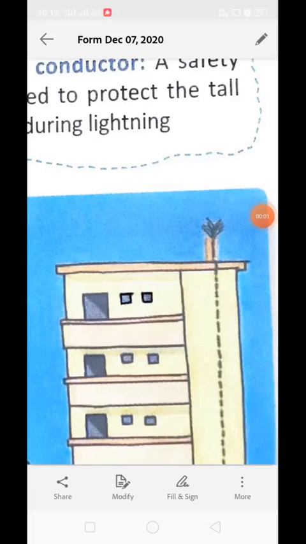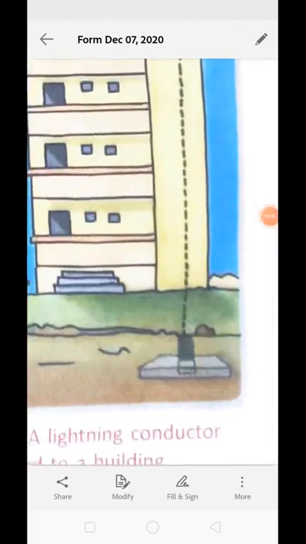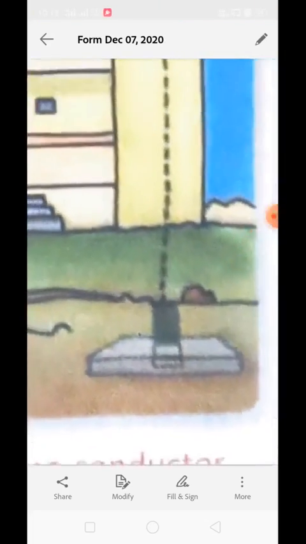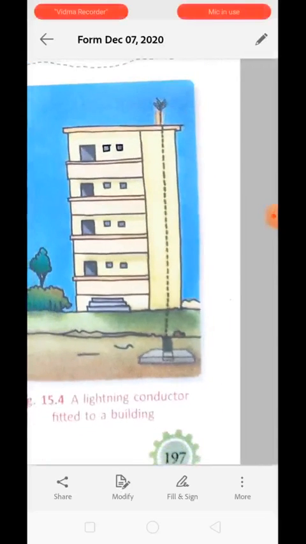The lower end of this rod runs on the side of the building up to the ground, deep under the earth, where it is joined with already buried huge copper plates. See over here, it will join with already buried huge copper plates.